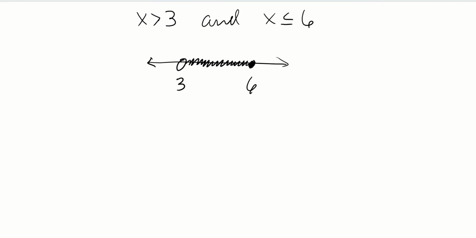So we can denote this using interval notation. The lower bound here is 3, and the upper bound is 6. Now, because our answer does not include 3, we're going to put a parentheses. And because our upper answer does include 6, we're going to put a bracket.